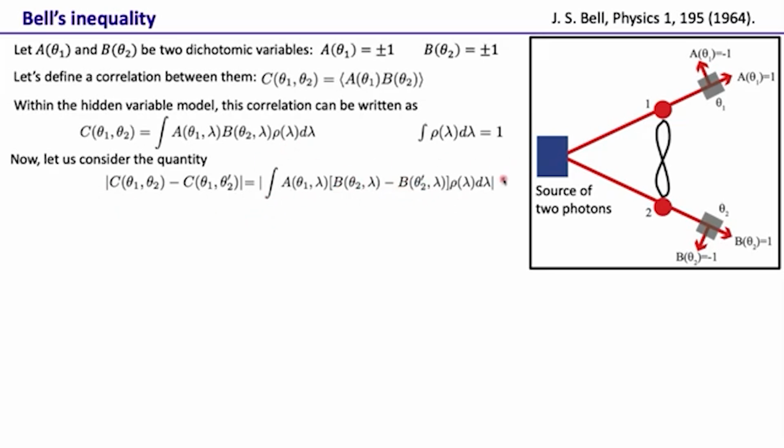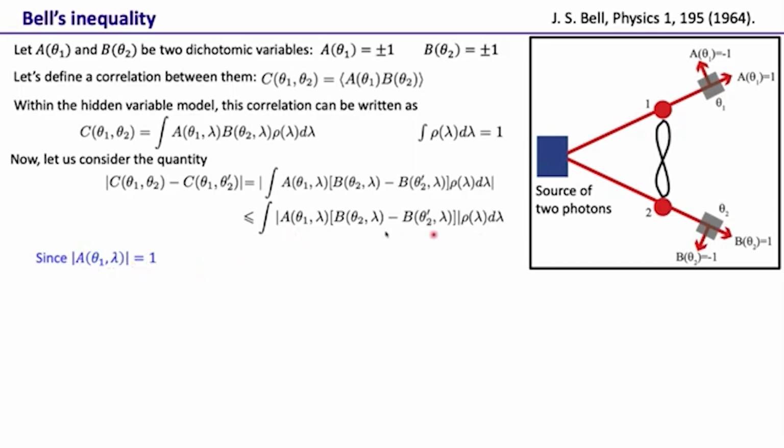Now the absolute value of this quantity will definitely be less than or equal to this one, where we bring the modulus inside the integral and take the modulus of this quantity instead of the whole integral. Now we know that the magnitude of A is 1, because A can only take plus or minus 1.